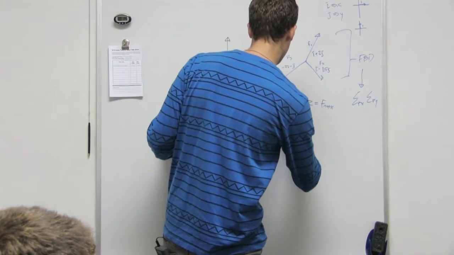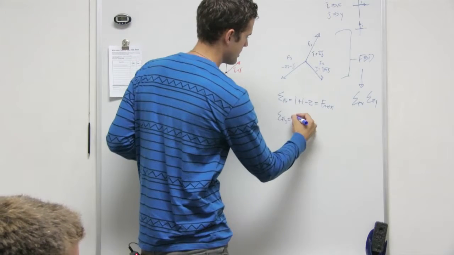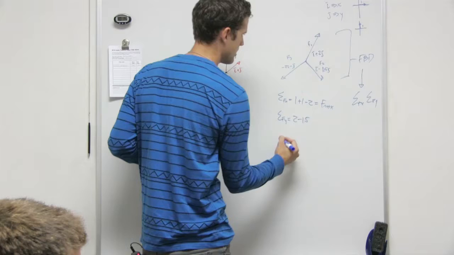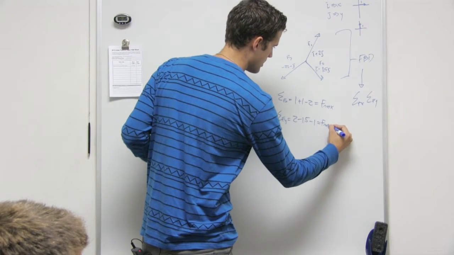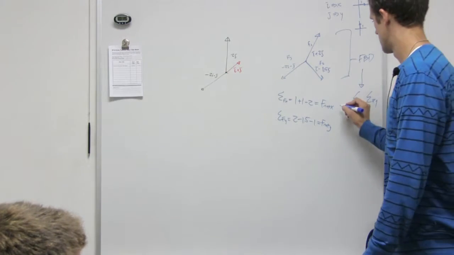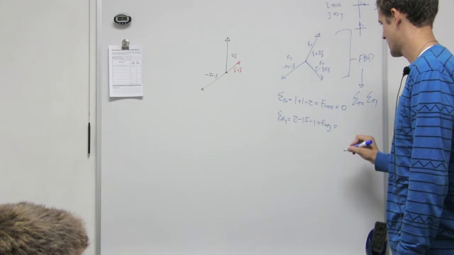Then sum your forces in y: 2, negative 1.5, and negative 1. So what's your net force in x? 0. Net force in y?